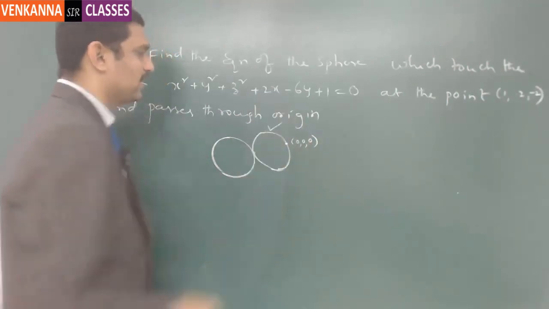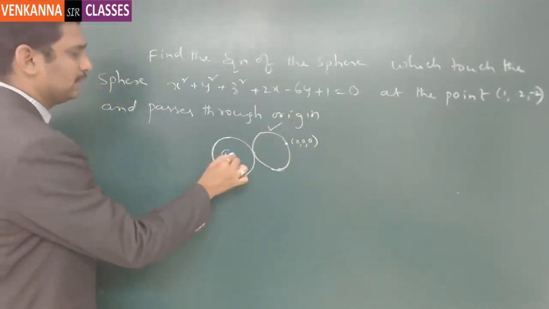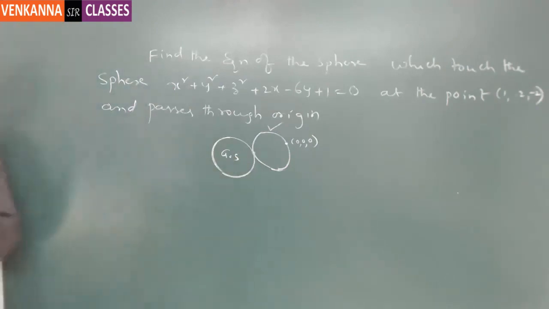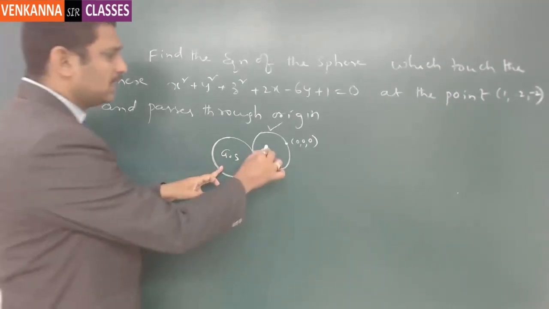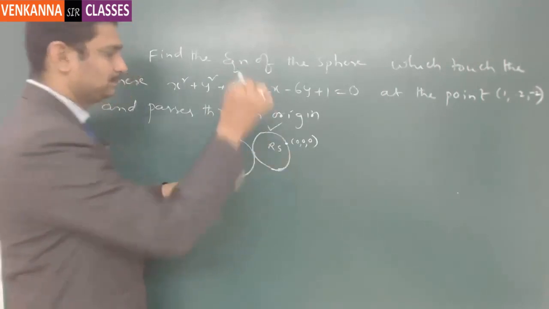So this is our required sphere and this is the given sphere. Is the diagram clear to all?